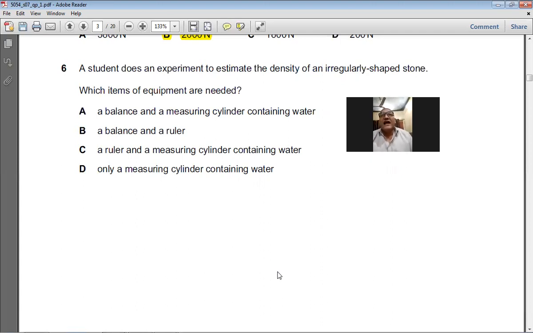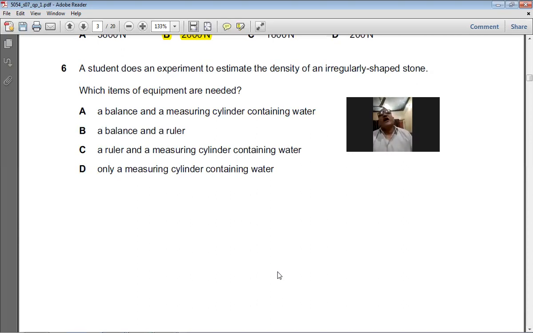For that, I will require a balance, some kind of balance, electronic balance, pan balance, top pan balance. So for the mass, I need a balance. And then I need to measure the volume of this irregularly shaped stone. For that purpose, we will use the measuring cylinder filled with water.